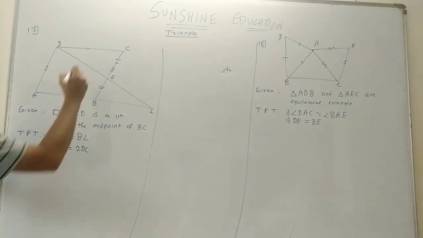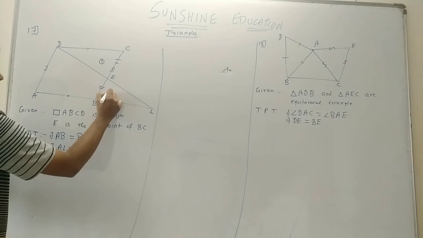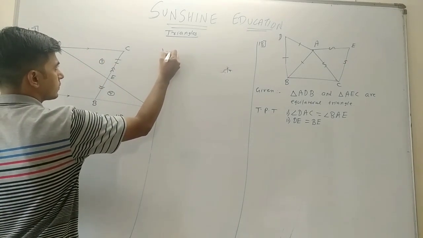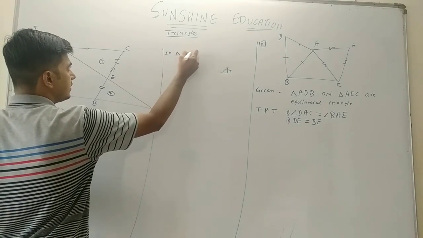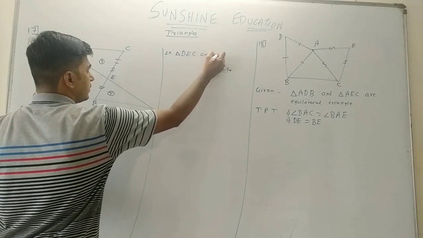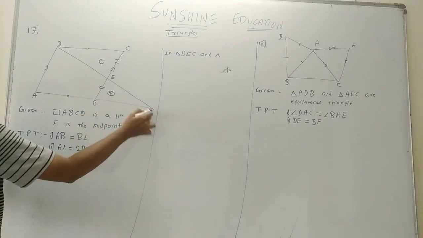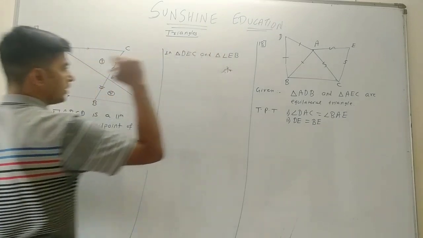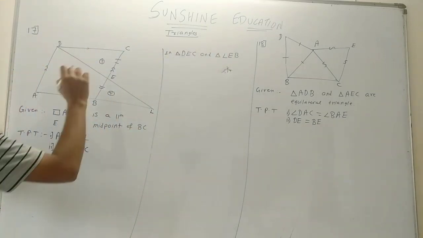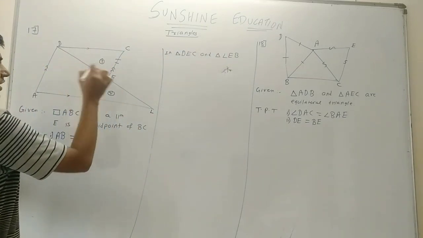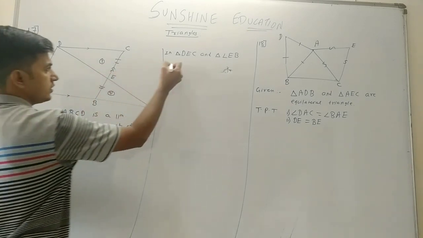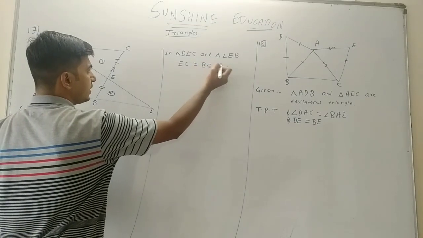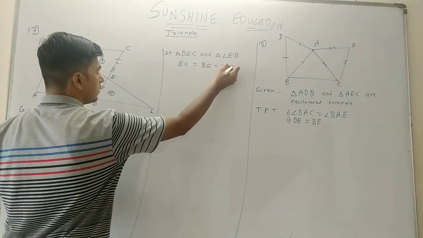First of all, I will take these two triangles, this and this, in triangle DEC and triangle LEB. Okay. Now we know that E is the midpoint, so I can say that EC is equal to BE, given.